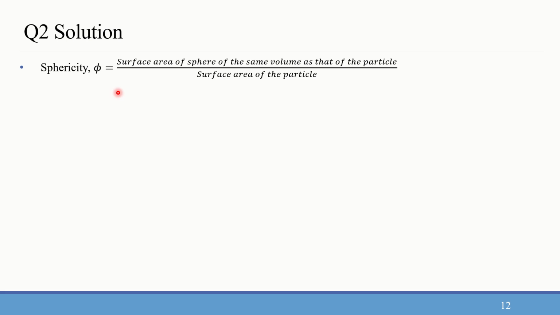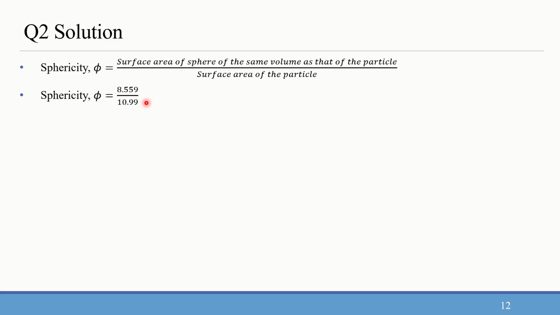Sphericity is defined as the ratio of the surface area of the sphere of the same volume as that of the particle to the surface area of the particle. In this context, the particle is a cylinder. So sphericity now is 8.559 divided by 10.99.